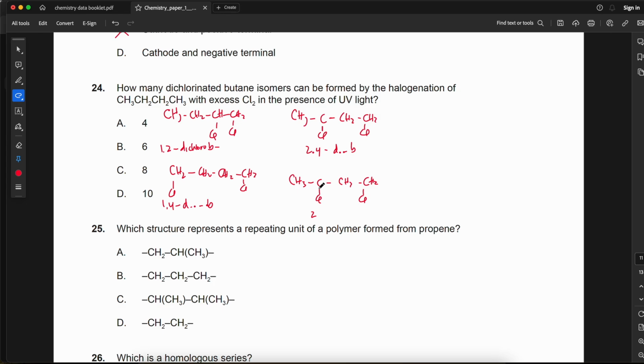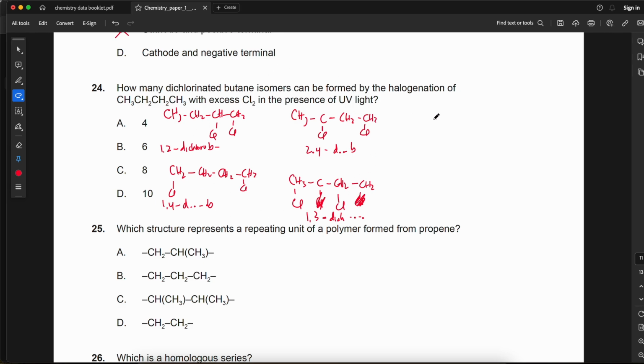So I will put Cl in another place. Cl will be here, and then CH2, CH2, Cl. Okay, so still the same. So what about Cl at 1 and 3? Yeah, okay. So 1,3-dichlorobutane. So these four are not the same.